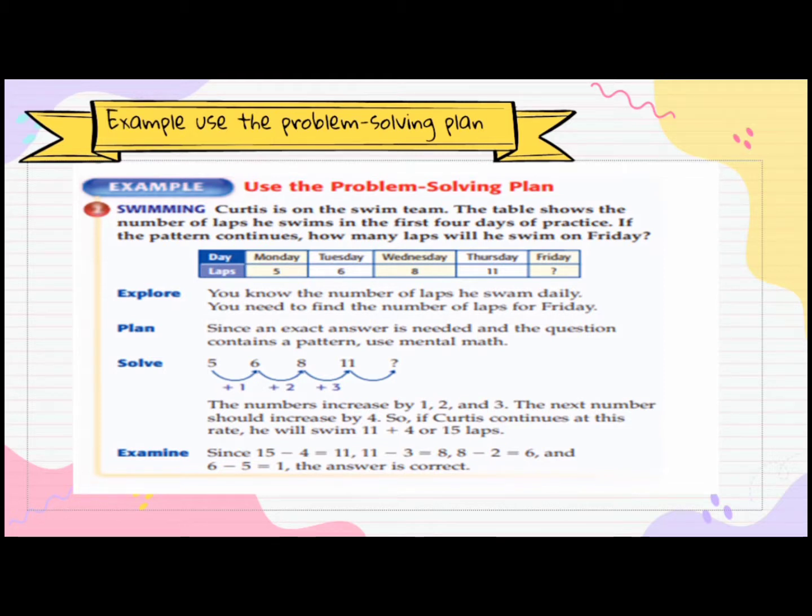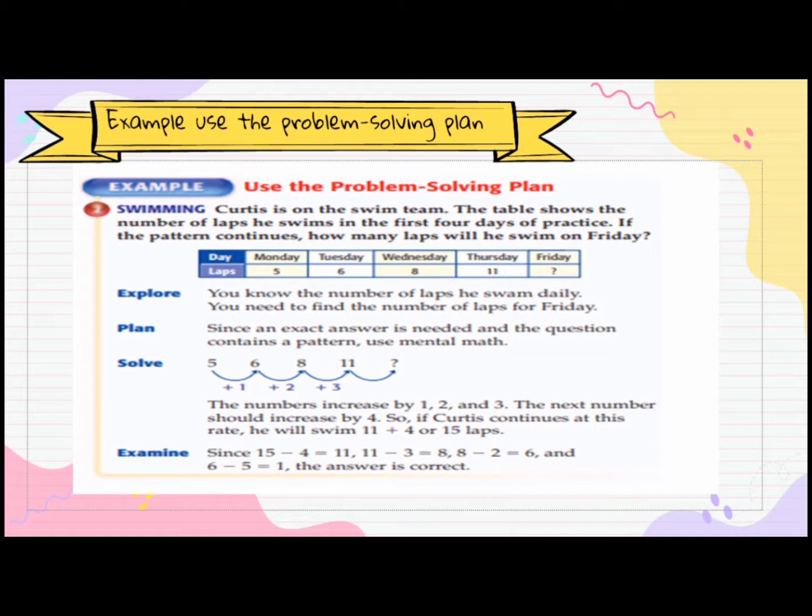Nah, berikut contohnya. Curtis is on the swim team. The table shows the number of laps he swims in the first 4 days of practice. If the pattern continues, how many laps will he swim on Friday?